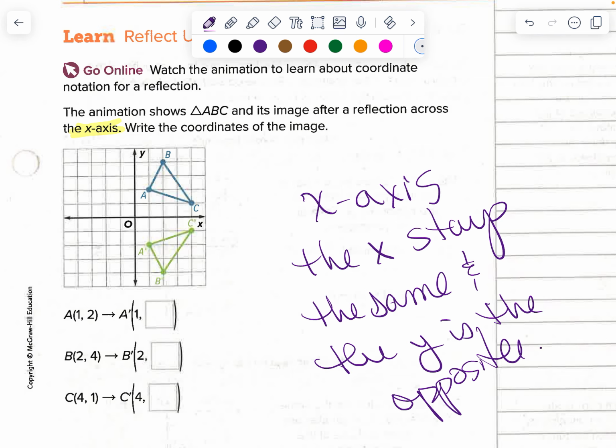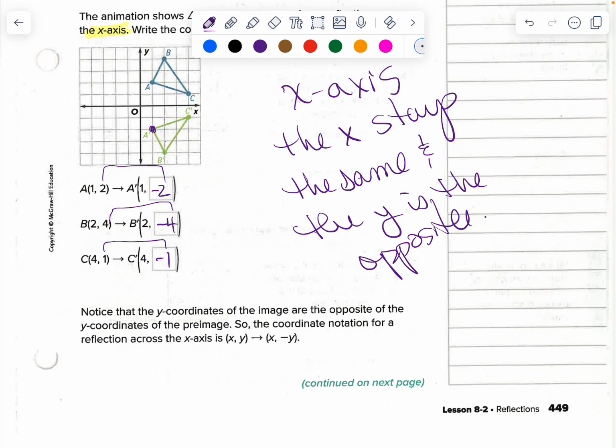Okay? So if I look at A prime down here, it's -2. Does that correspond with what we just said about y's being the opposite? Yes. B prime is at -4. Are these the opposites? They are. C is at -1. Are these the opposites? They are the opposites. Okay?